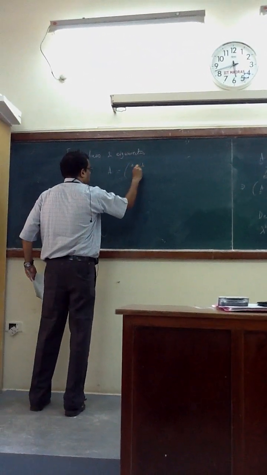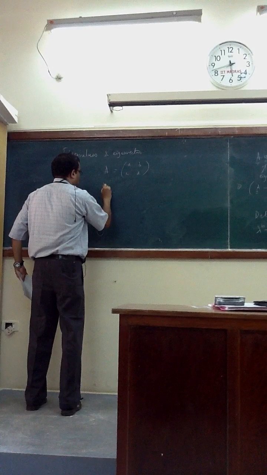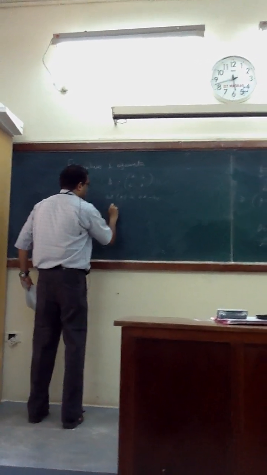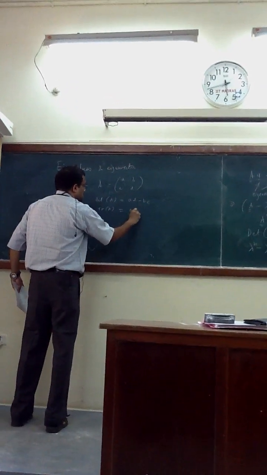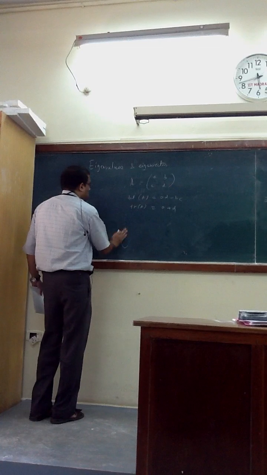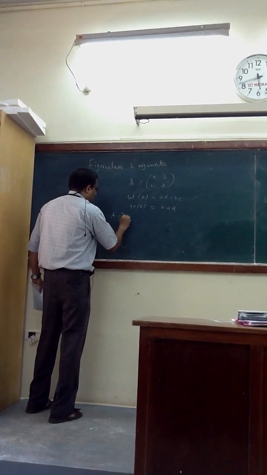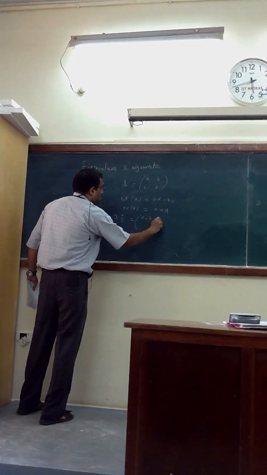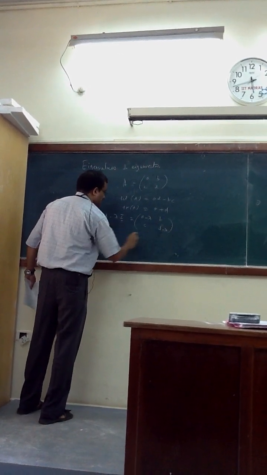How? If my matrix is A, B, C, D, the determinant of A is AD minus BC. The trace of A is the sum of the diagonal terms. Now A minus lambda I is A minus lambda, B, C, D minus lambda.